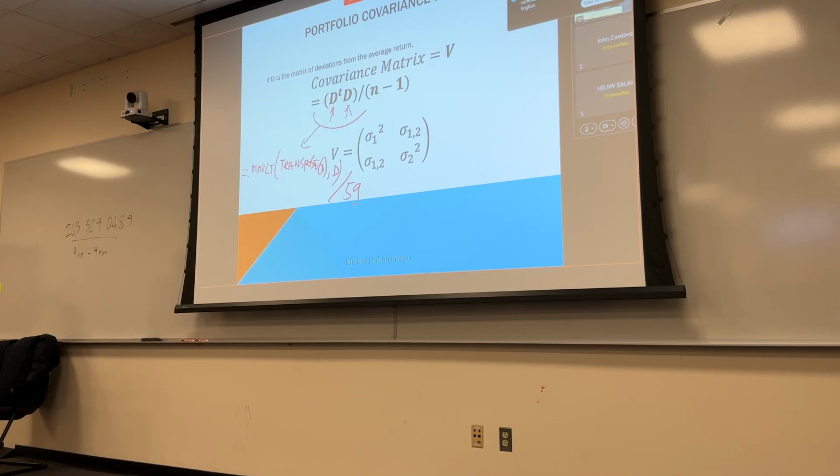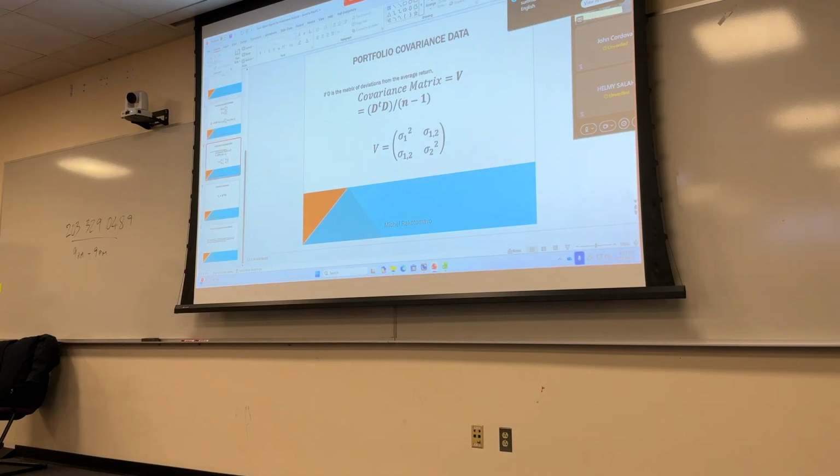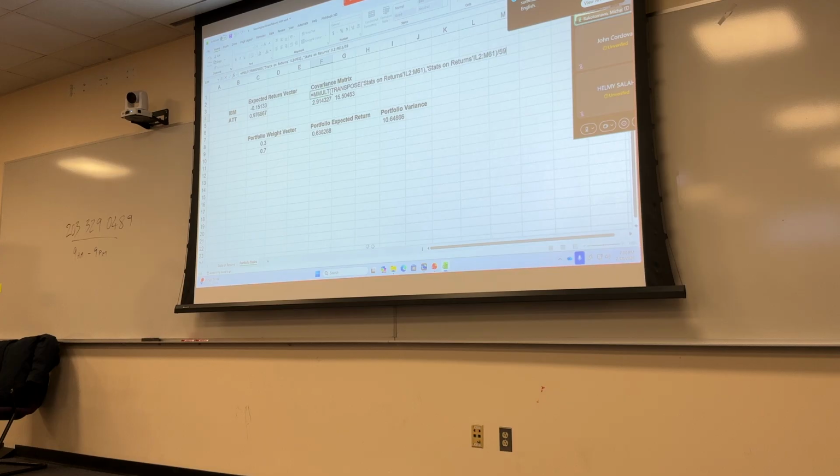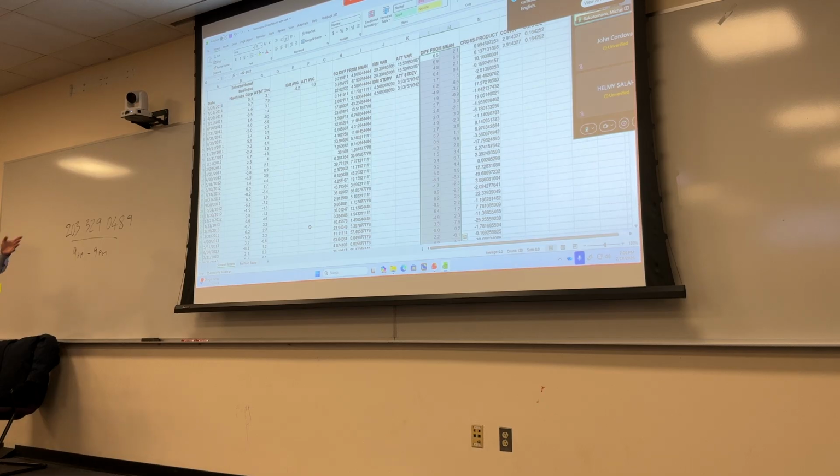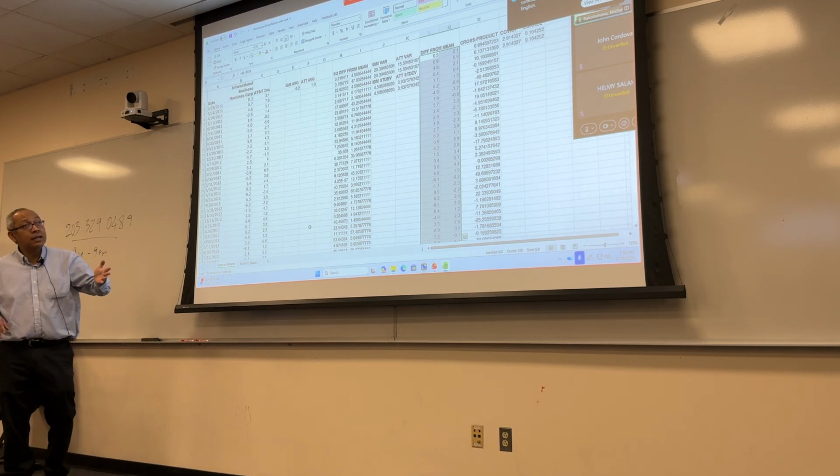Now, D is a specific matrix on Excel, and literally it's this one. It's the one that I said. That's D, literally, right?